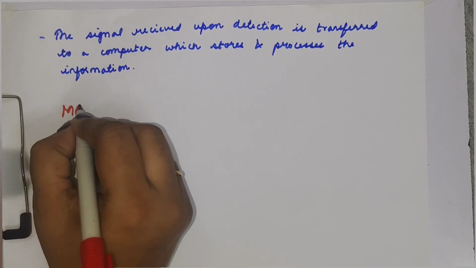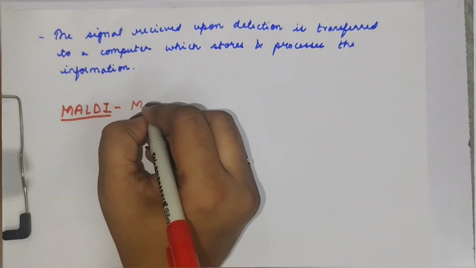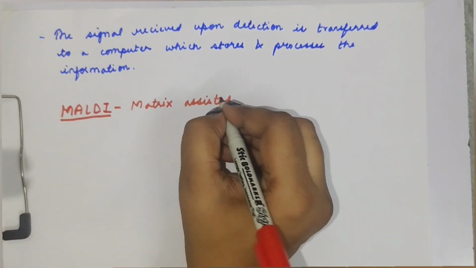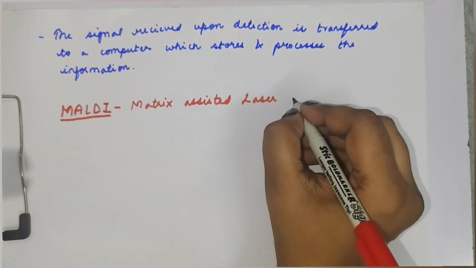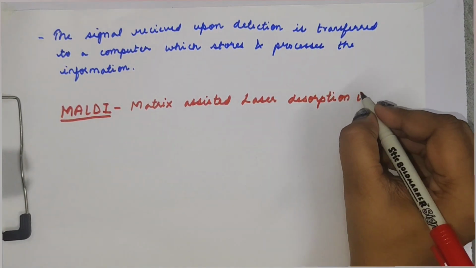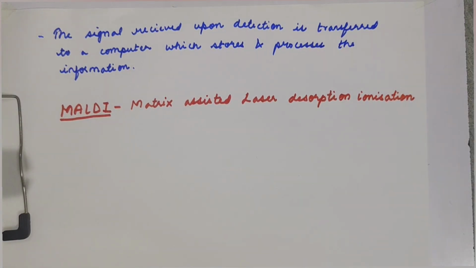Now, one more term is given in your book, which is MALDI. The full form of MALDI is matrix assisted laser desorption ionization, and this technique is used in the first step, that is the ionization.